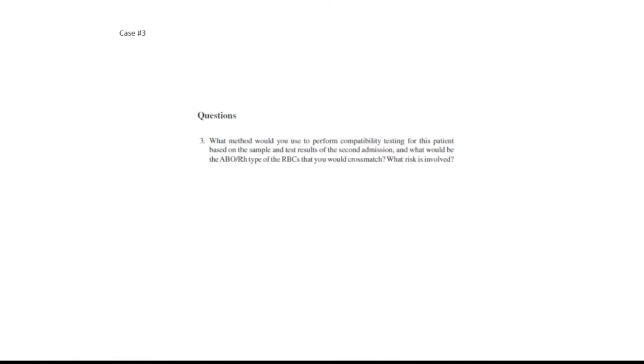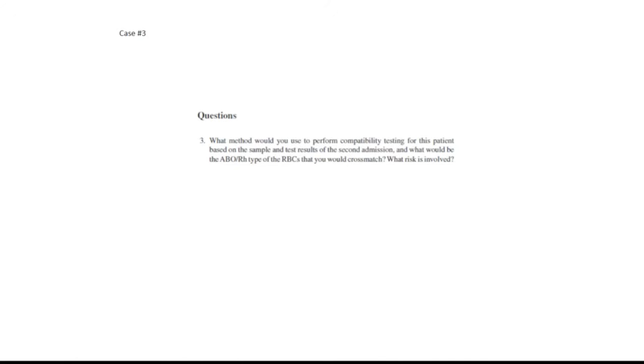So what is the risk involved here? So the risk would be, because of the change in the last name, misidentification could be one risk. So a second sample would be preferred. Right. So the risk here is because the patient's name has changed.